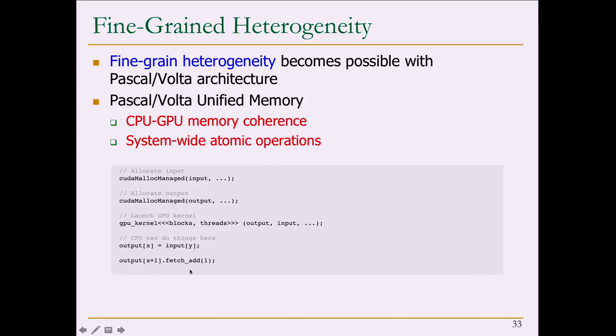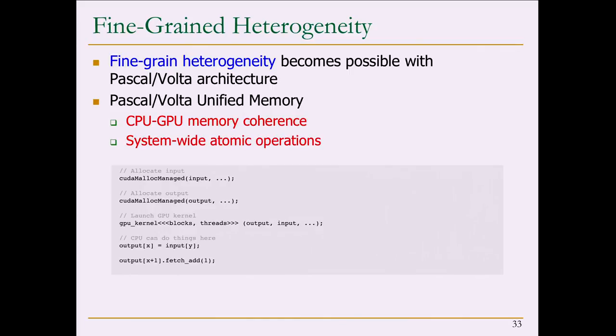While the CPU is executing these instructions here, the GPU is also executing some other instructions. You don't see them in the slide because they are obviously in a different function, in the kernel. But they both are using input and output at the same time. So it is even possible for them to access the same memory addresses at the same time.